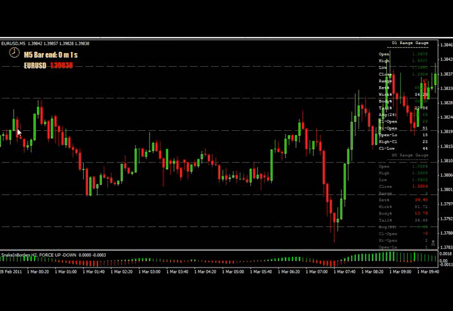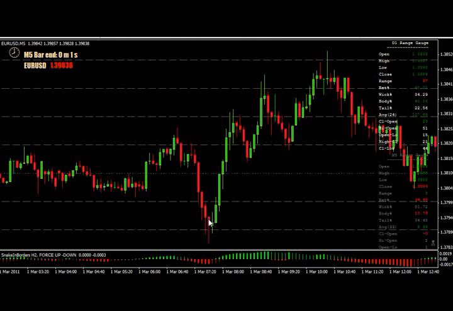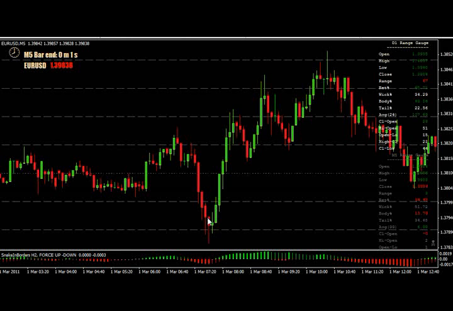So here was our open, and you can see here was the high going to 10 o'clock. This is the low point. 1.3785 was the low, and at 10 o'clock, let's see, 10 o'clock is this point right here. So our high was right here at 1.3844.